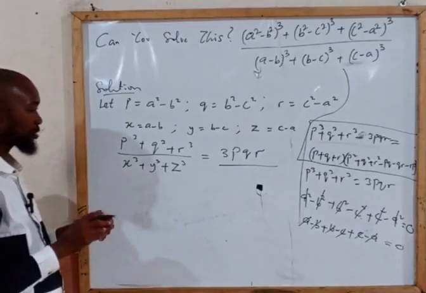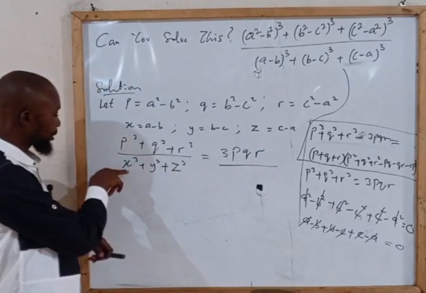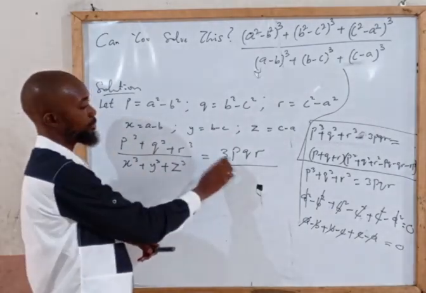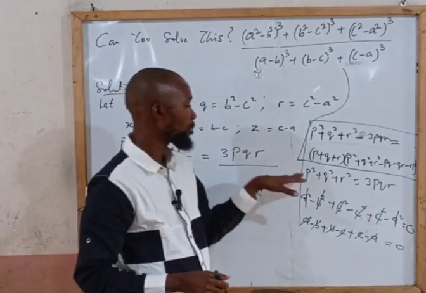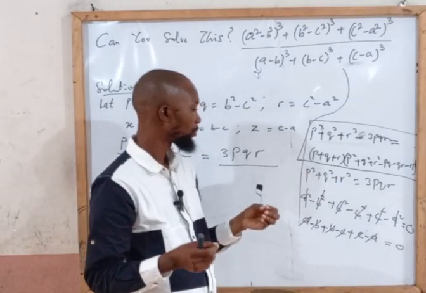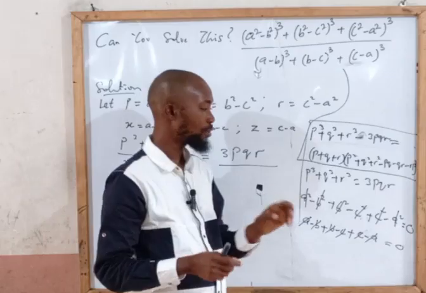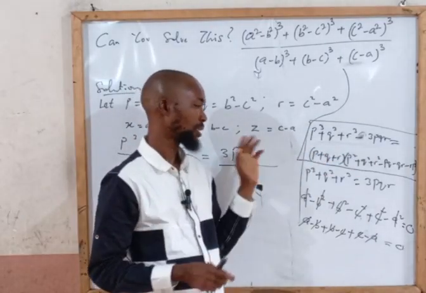So when the addition is equal to 0, what that means is this summation here has the value of 3XYZ. Because this identity made me realize that the addition of 3 cubes will be equal to 3 times their product on the condition that the sum of the terms is 0.